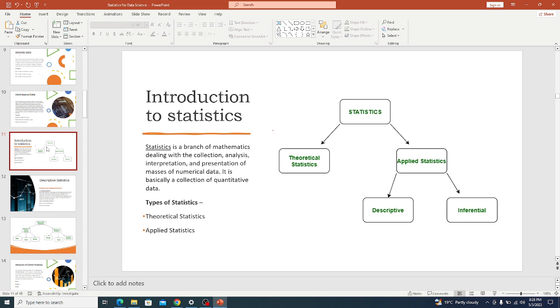Okay, so that's basically the interpretation, but they won't be interested much in the analysis side, because the analysis side is your part. Okay, yeah. So we have collection, analysis, interpretation, and presentation.